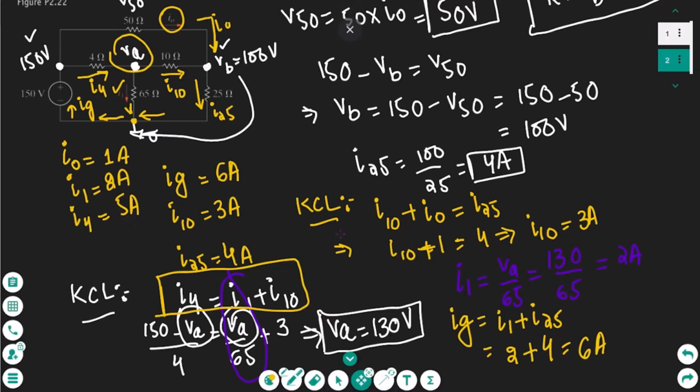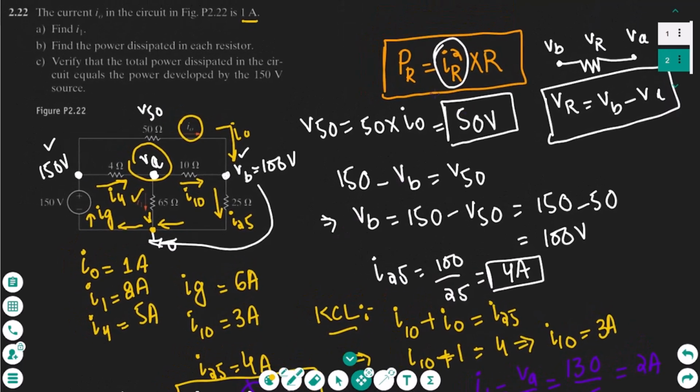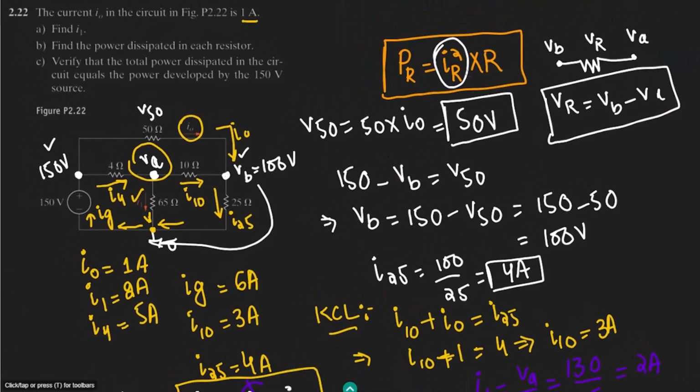Now you can apply the formula which we have already seen, and from this formula you can find out the power dissipated in all the resistors. Let me first find it across this 4 ohm resistor. Across this 4 ohm resistor, P4 is equal to I4 squared into 4.